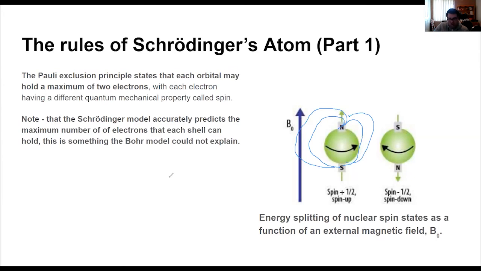When you put an electron in an external magnetic field, it'll spin one of two ways. Basically, it'll either line up with the field or it'll line up against the field.